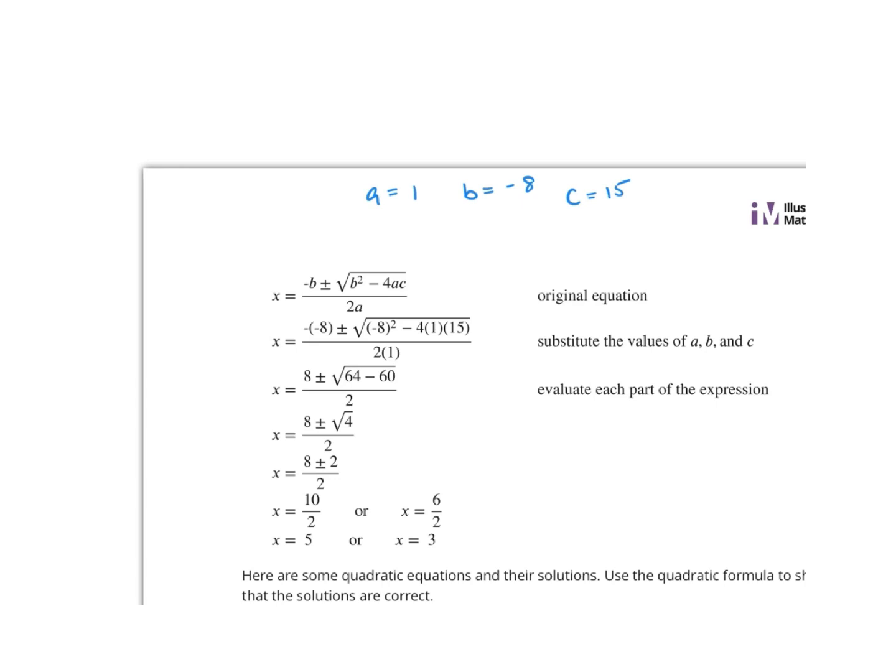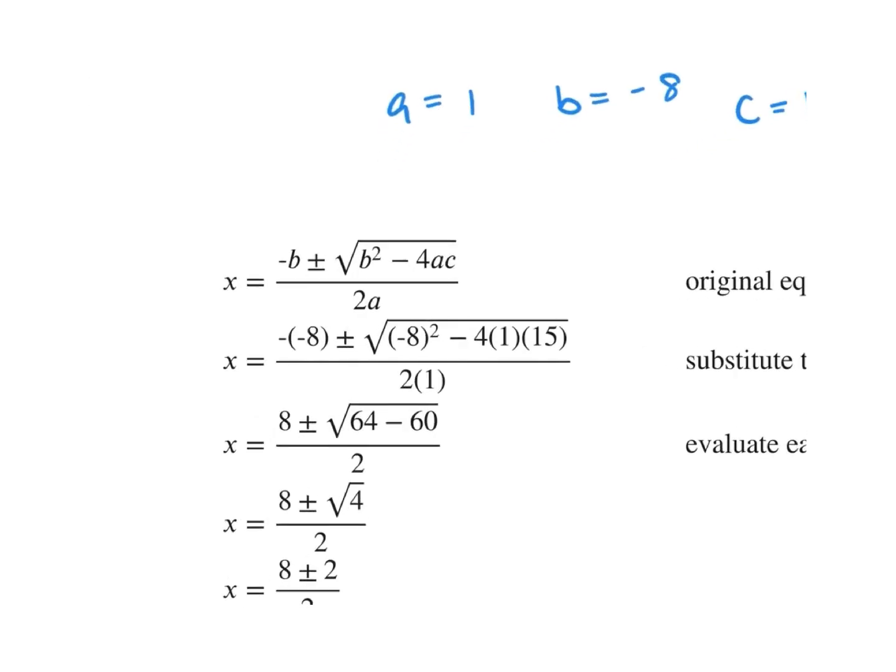So you plug in a, b, and c wherever you see them. We said b was -8, so we take the opposite of -8, plus or minus the square root of -8 squared minus 4 times 1 times 15, all over 2 times 1. The opposite of -8 is 8. -8 squared is 64. 4 times 1 times 15 is 60. And 2 times 1 is 2.